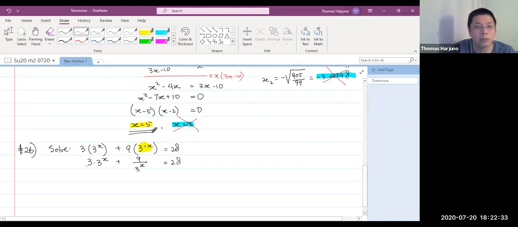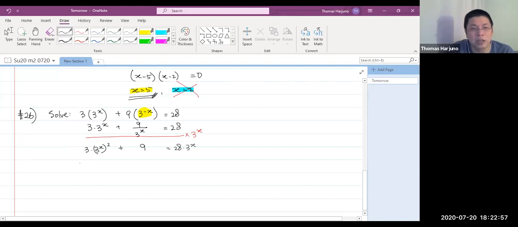Then I will multiply by the LCD, 3 to the x. Then I get 3 times 3 to the x squared plus 9 equals 28 times 3 to the x. Now I want you to realize that this becomes a quadratic-like equation that we learned before.